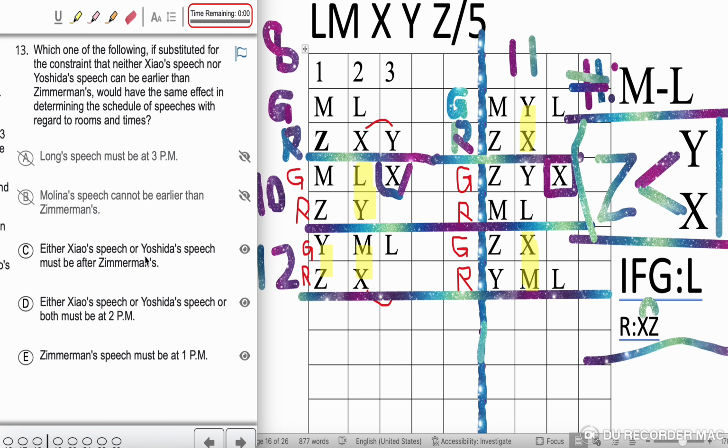Either X or Y must be after Z. Well, it says X or Y, and with that being said, you see that Y speech is at the same time as Z. So you're going to say, no, that's not going to work out.